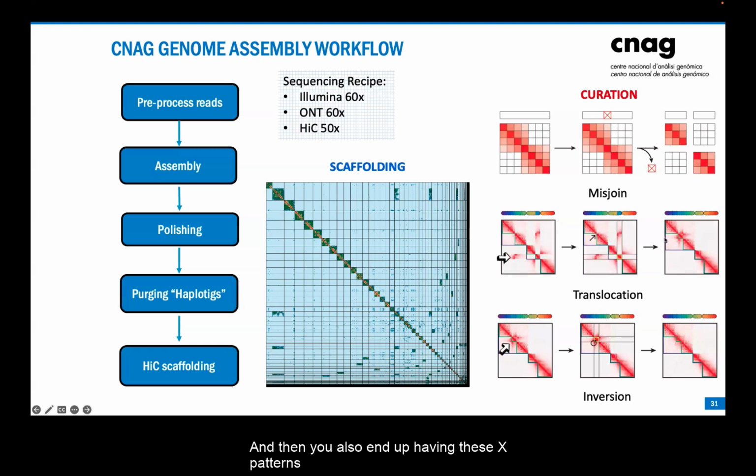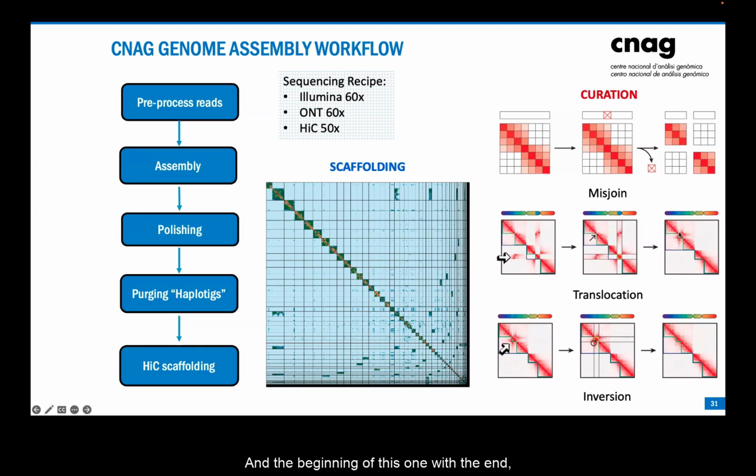And then you also end up having these X patterns that are telling you that this sequence contig is inverted. Because this part at the end of the contig actually has stronger contacts with the end of the other scaffold. Okay?